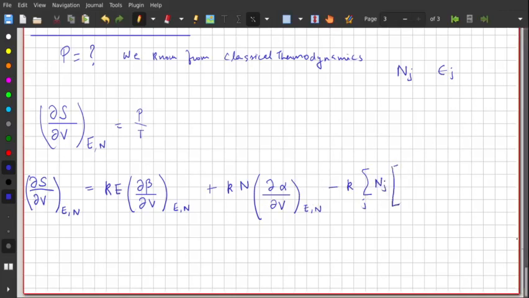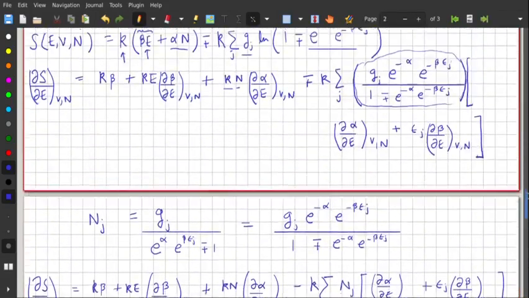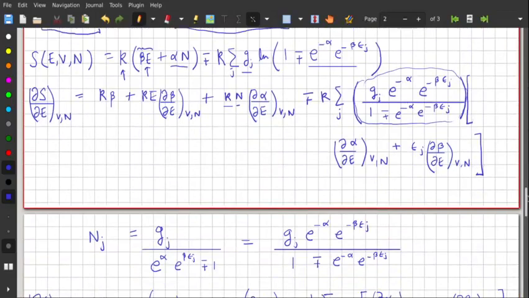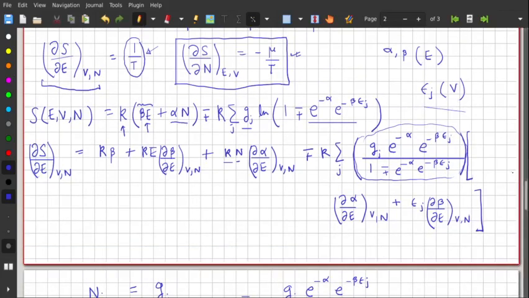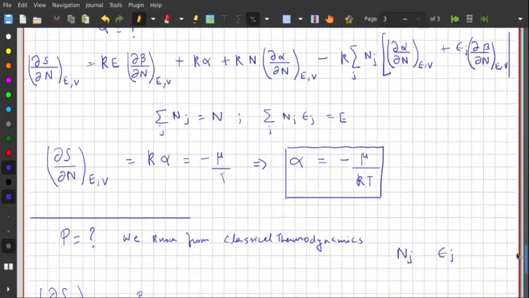times the bracketed term. If you remember, this is where the bracketed term is coming from. But now we need to realize that since we are differentiating with respect to volume, epsilon j, the energy, is also a function of volume. So we will have three terms: alpha, beta, and epsilon j. Here we will basically be using the product rule. Everything remains the same, we just have an additional term, because epsilon j is a function of the total size of the system we are dealing with.